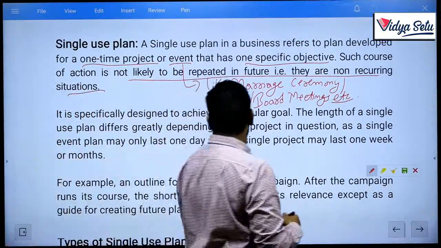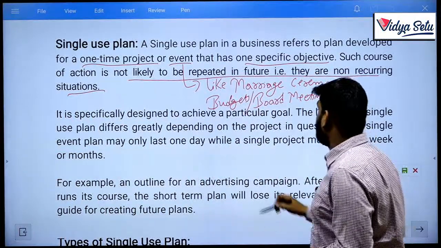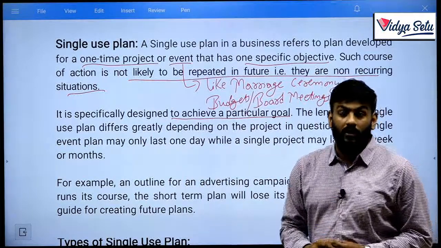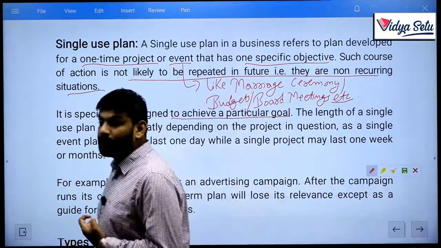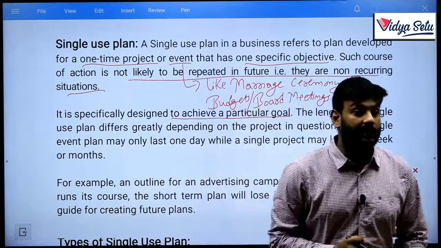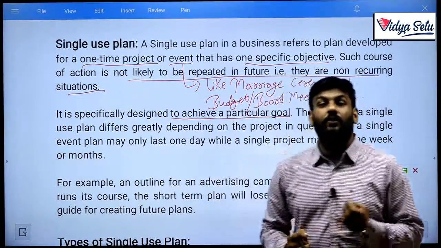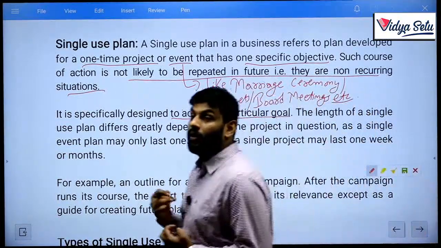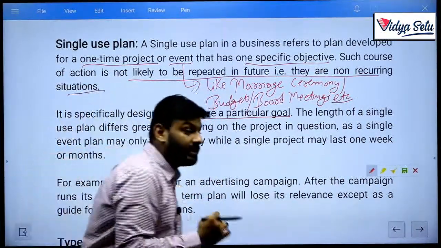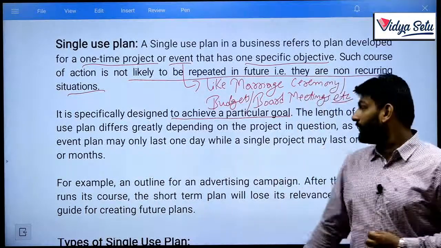Next, it is specifically designed to achieve a particular goal. We make a single use plan only to achieve a specific situation or a specific goal, so that we can understand, write the plan, and stick to the plan in an effective manner.